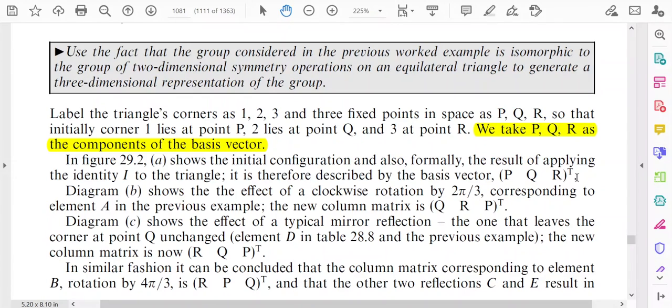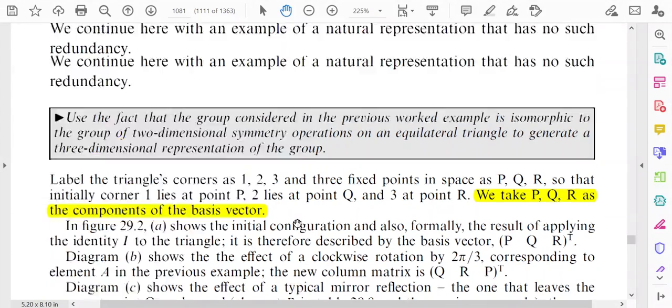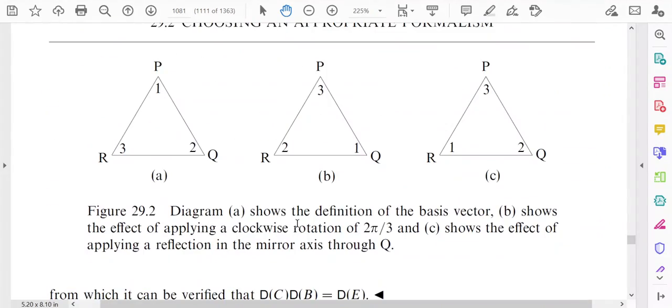Now the second figure that we have shown you is the clockwise rotation by 2 pi by 3. So the new specification is like this.